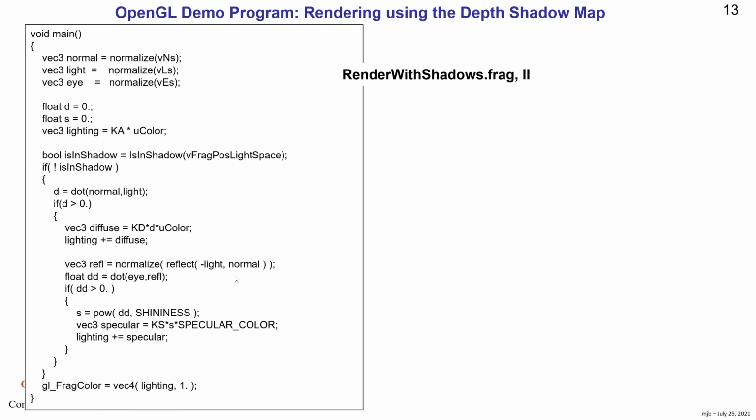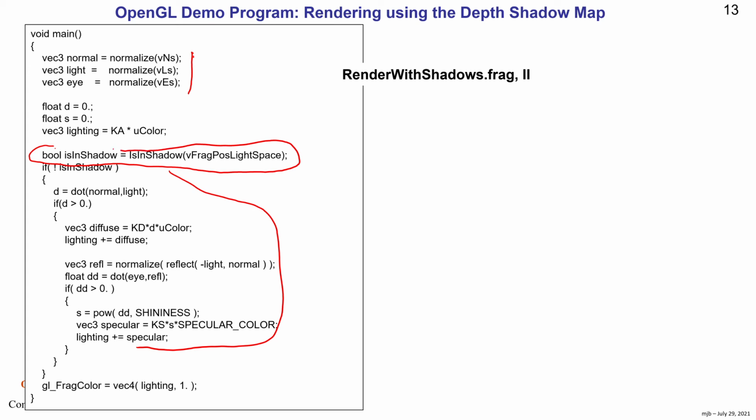Here's the rest of that shader. We're doing per fragment lighting, and so that's really all that's going on right here. This is exactly our per fragment lighting code that we looked at in the shader notes. The real trick is right here. It calls that function from the previous page called isInShadow. And when people think about shadows, what they tend to think is if you figure out it's in a shadow, paint it black.